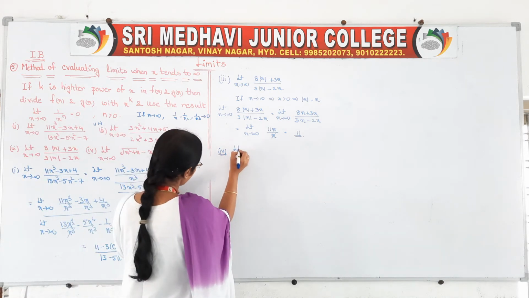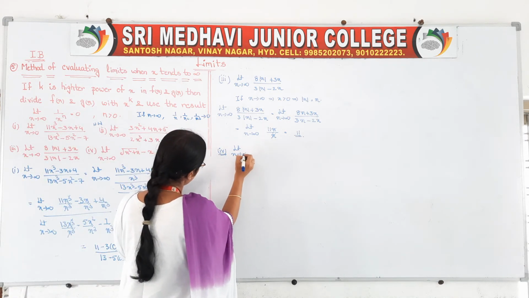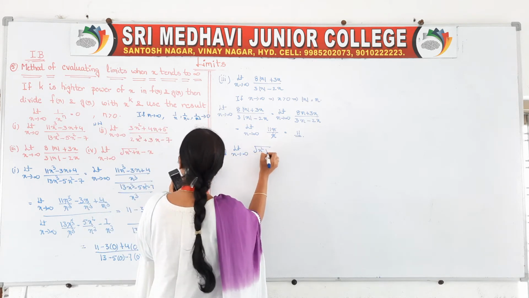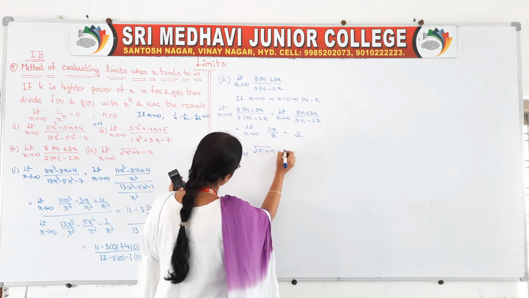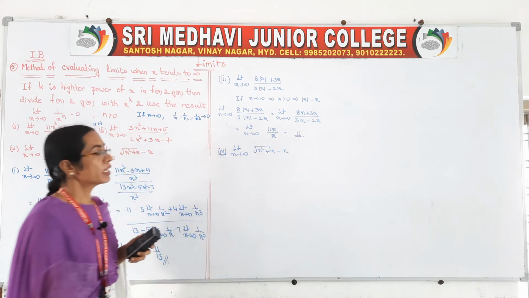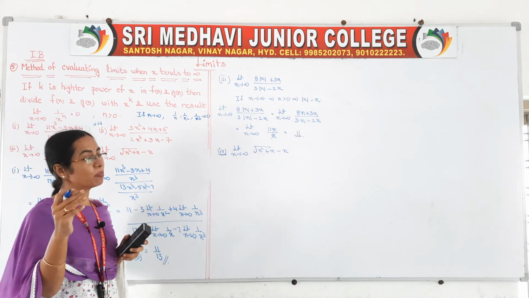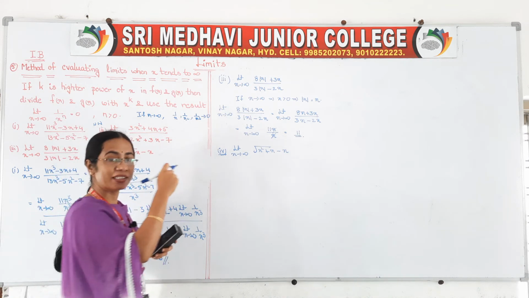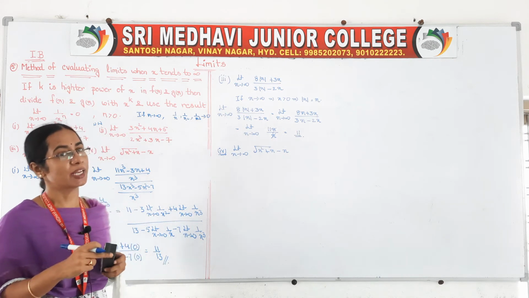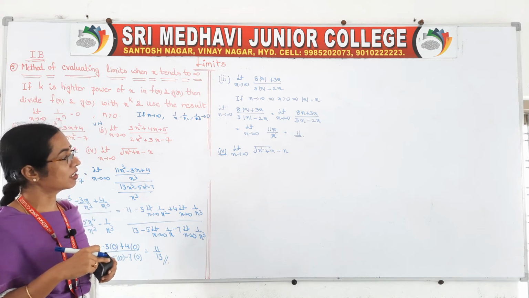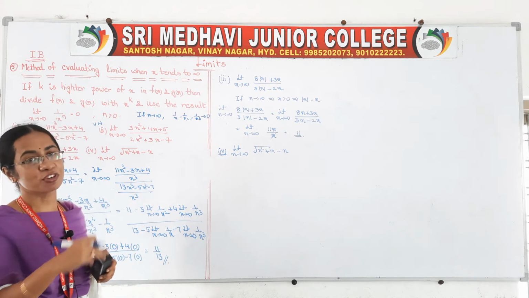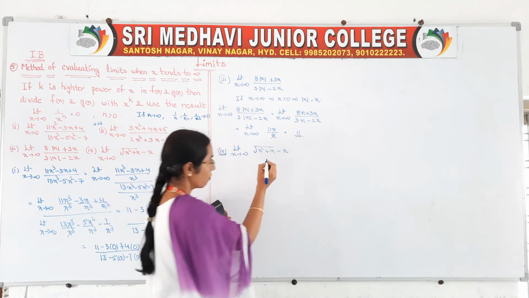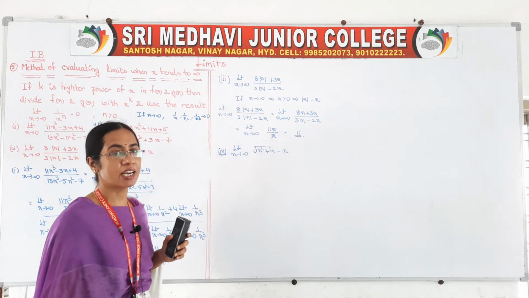Limit x tends to infinity, root of x square plus x minus x. So here we have to apply two methods, rationalization as well as the x tends to infinity method. So it is a combination of the third and fifth methods. Whenever a square root is there in the question, we have to rationalize, right?